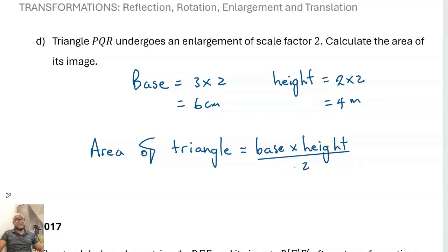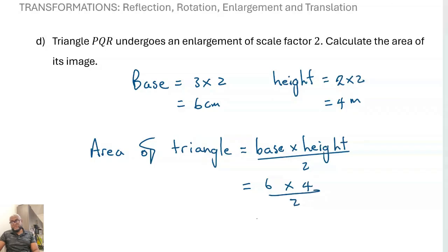And these are formulas we're supposed to have. So the base is 6 multiplied by 4 divided by 2. 24 divided by 2 is 12 centimeters squared, our area.